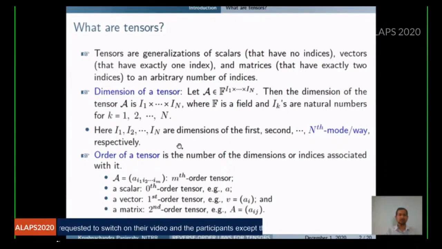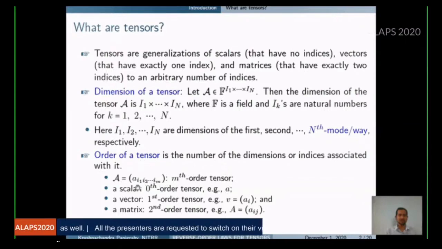And thereafter, what is the order of a tensor? The number of indices associated with it is called the order of a tensor. Suppose a tensor A is represented as A equal to A_(i1, i2, ..., im). In that case, these i1, i2, ..., im are m indices, so it is called an mth order tensor.